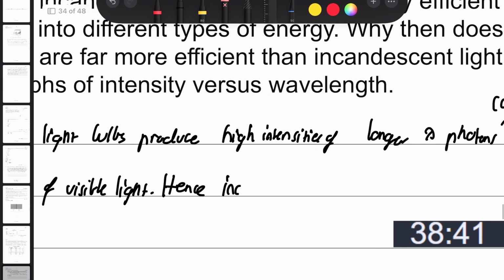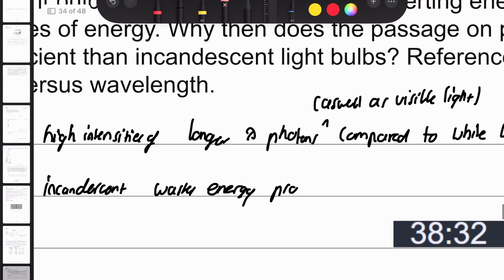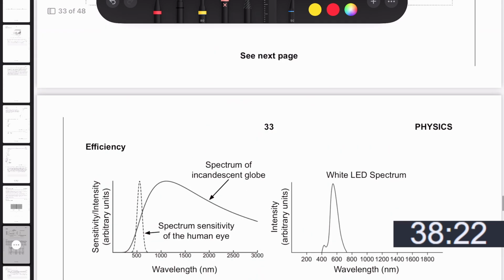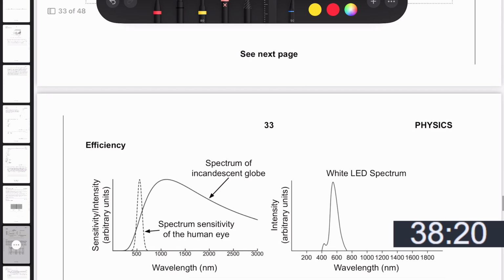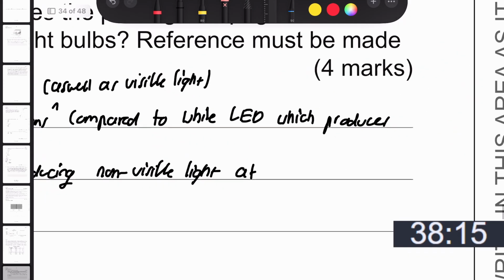Incandescent wastes energy producing non-visible light at high intensities.